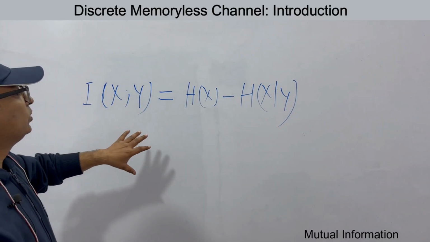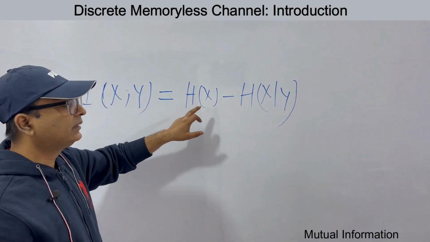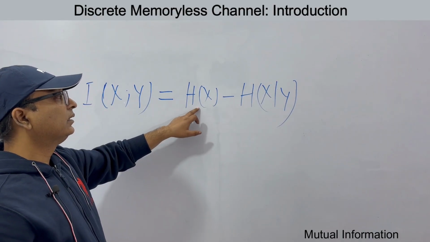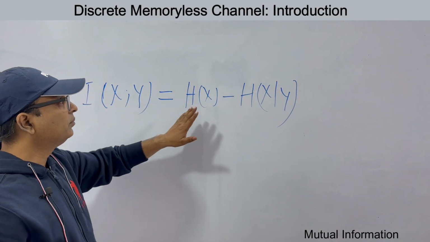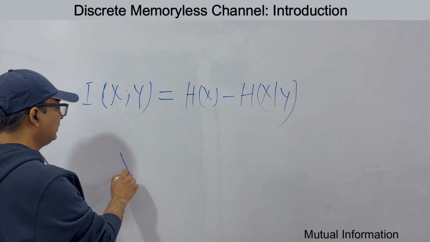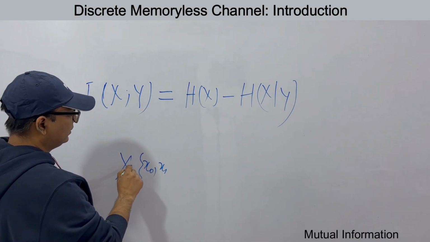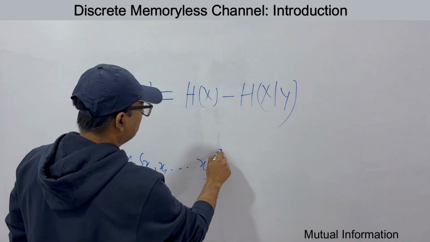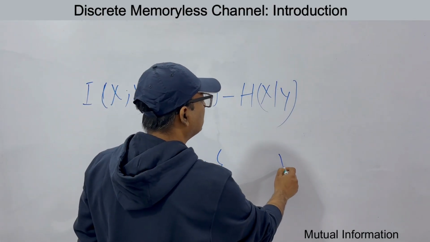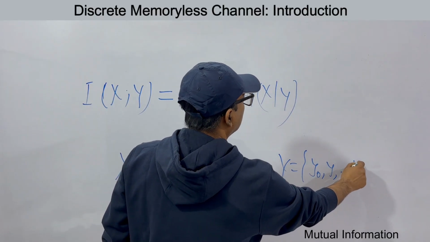The point to understand is, what is H(X)? H(X) means the uncertainty related to the channel input before observing the channel output. If this is your alphabet x, then before observing the output we have this set of outputs.